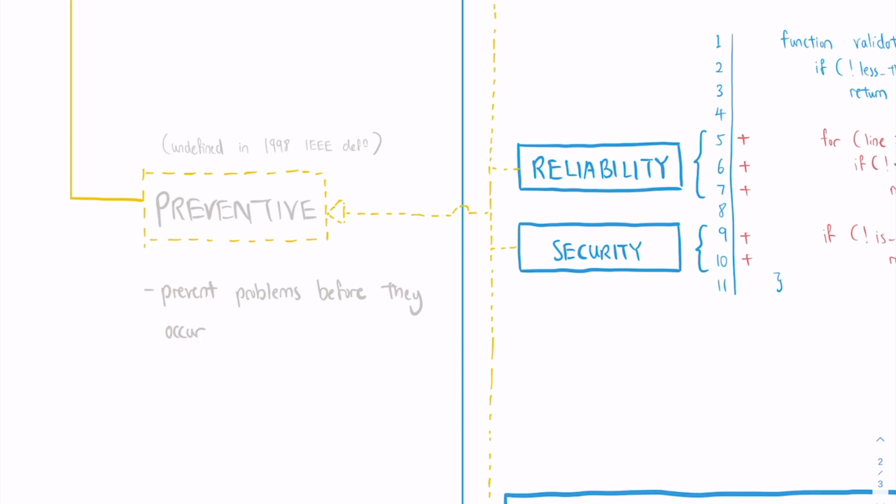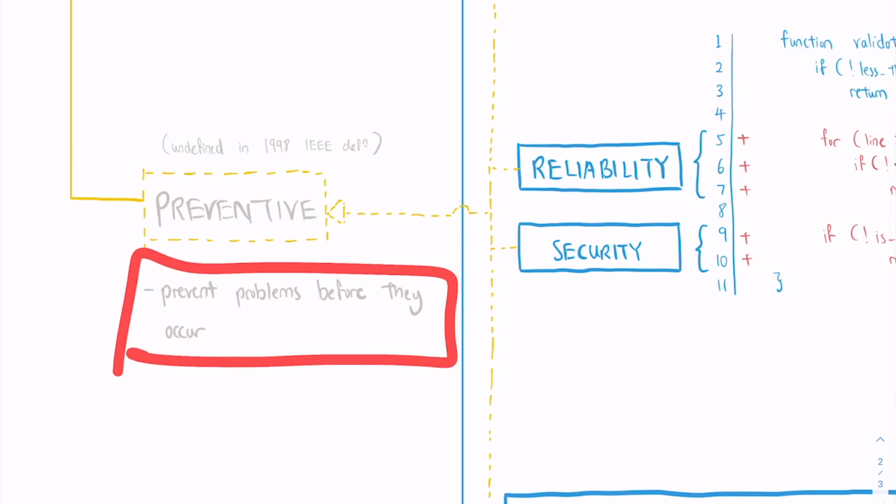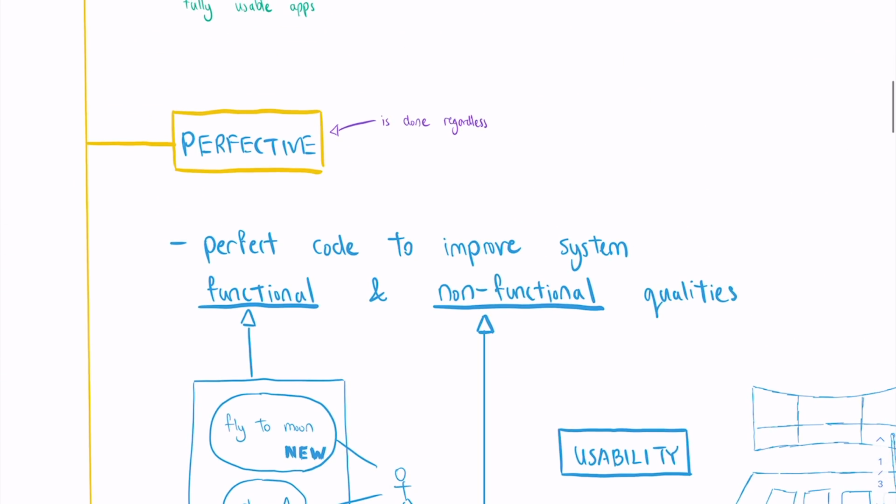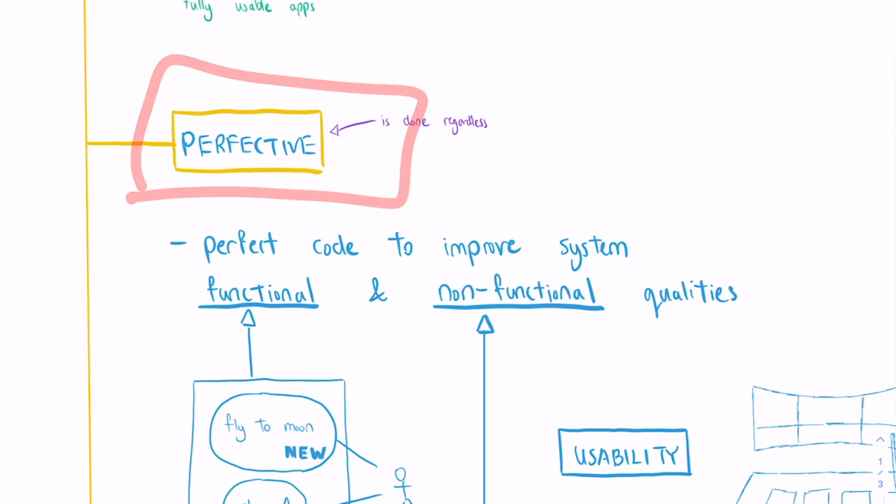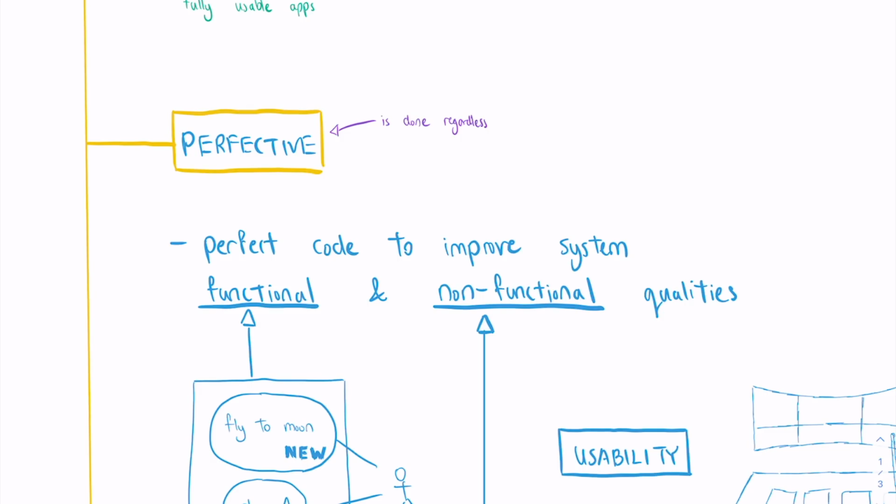Although when you read online, some texts still stick to this word to differentiate the types of maintenance that prevent problems before they occur, versus other types of perfective maintenance that try to improve the system's functional and non-functional qualities.